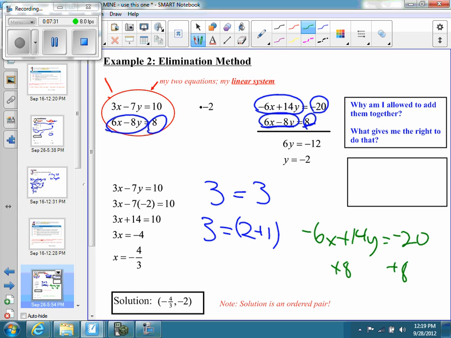Then you'll just have negative 6x plus 14y plus 8 equals negative 2. That's right. Nobody would object. They did the same thing to both sides of the equation, right? Well, I did the same thing to both sides, except on this side I took the form 6x minus 8y, and on that side I took the form 8. I added the same thing to both sides of the equation.